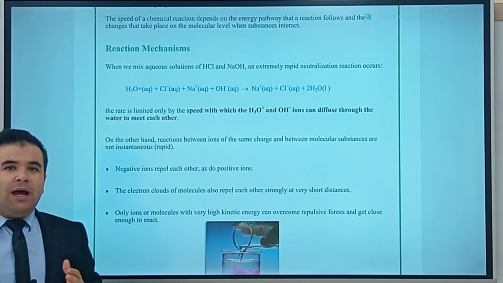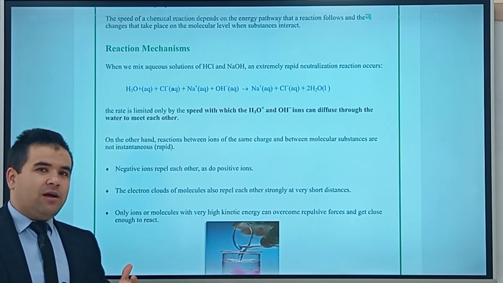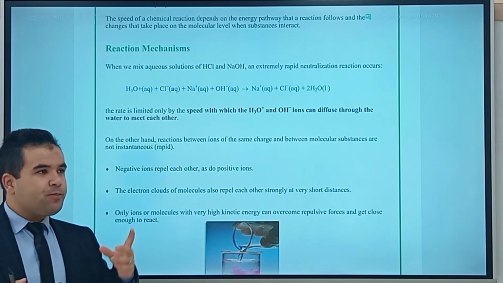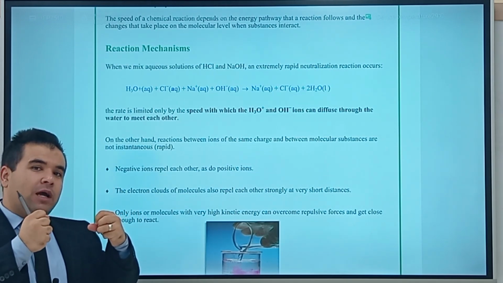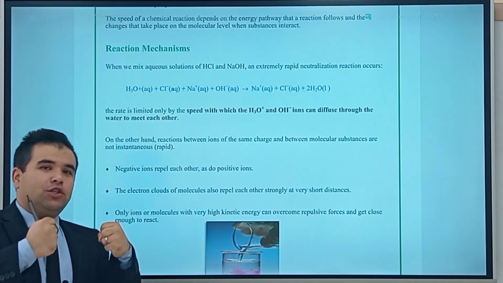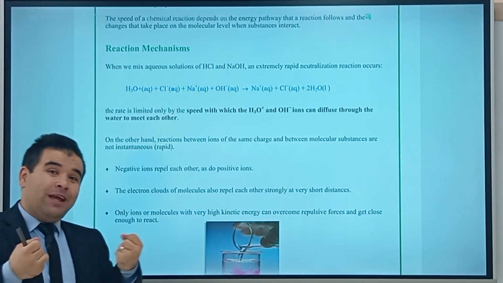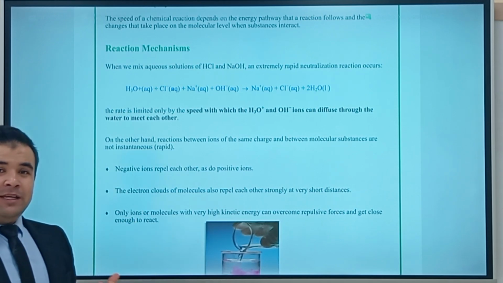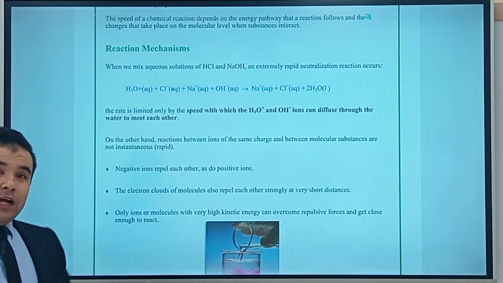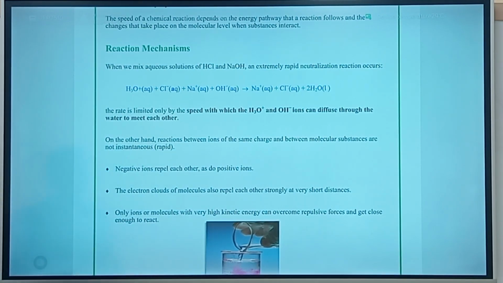What will determine whether the reaction becomes a fast mechanism or a slow mechanism? If the concentration of hydronium and hydroxide in the medium is high and they meet frequently and react to form water, that will be a fast mechanism. If not, that will be a slow mechanism.